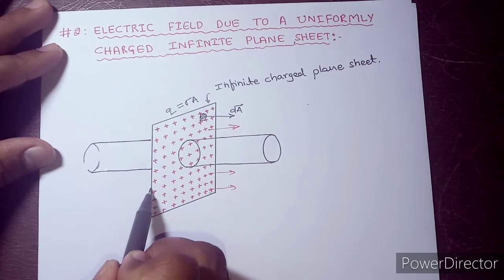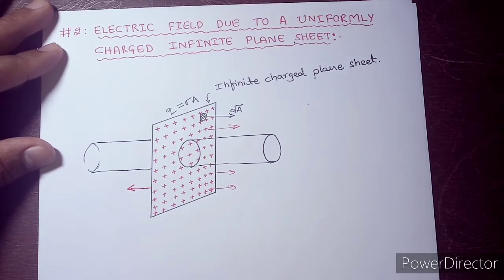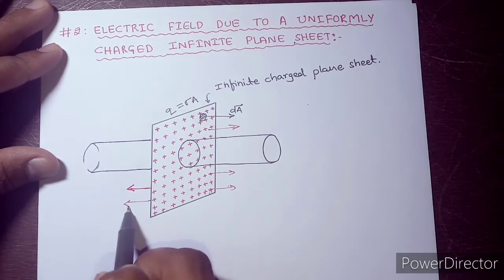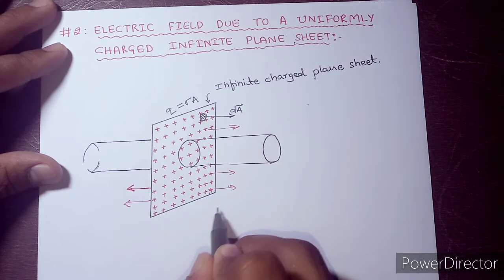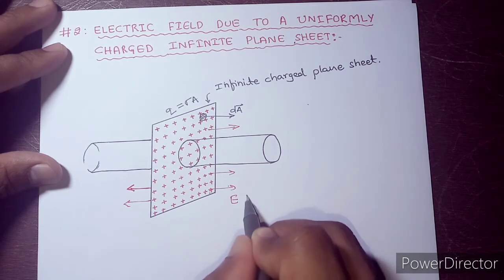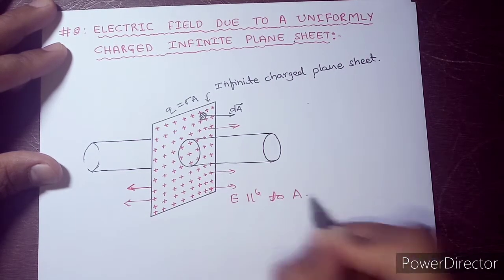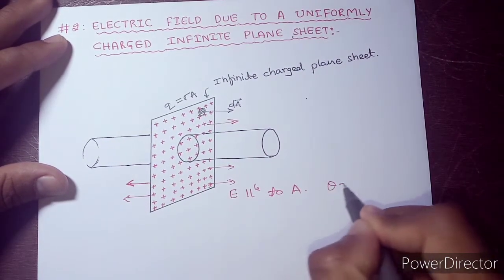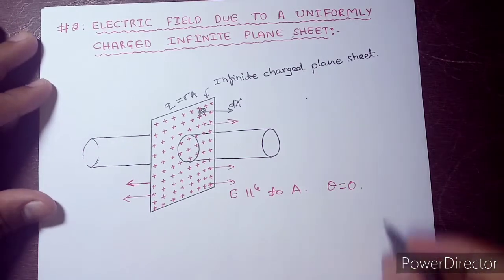On the left side the area vector will be in this particular direction, that is minus x direction if you consider, and the electric field line is also in the same direction. So for this surface the electric field is parallel to A, so the angle between E and A is 0 degrees.